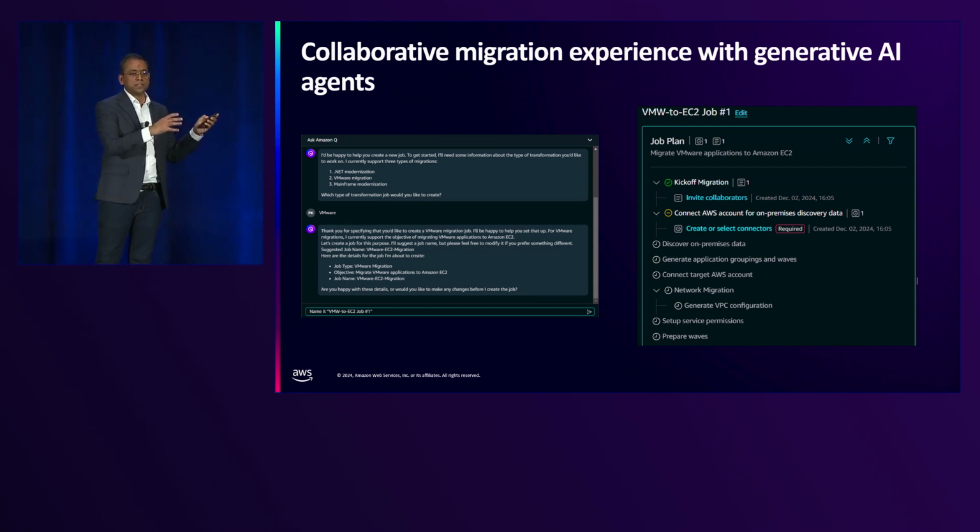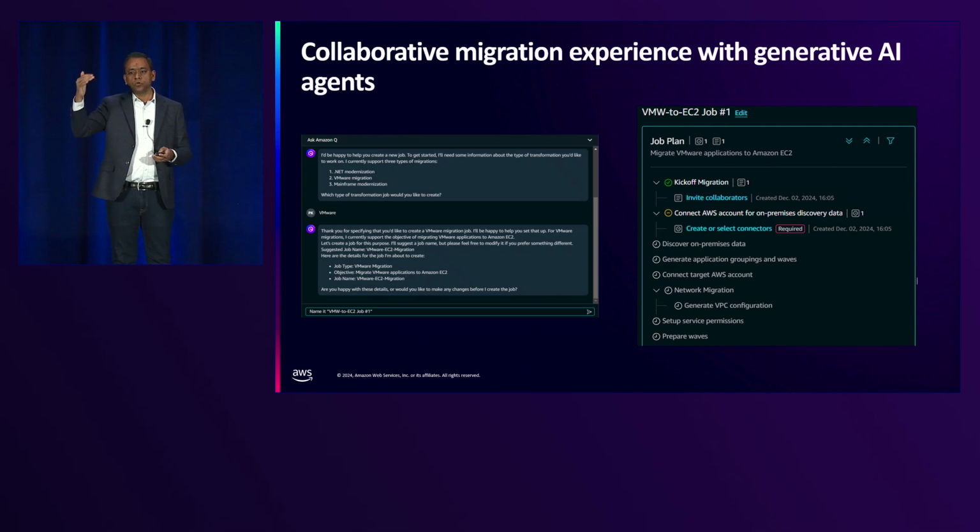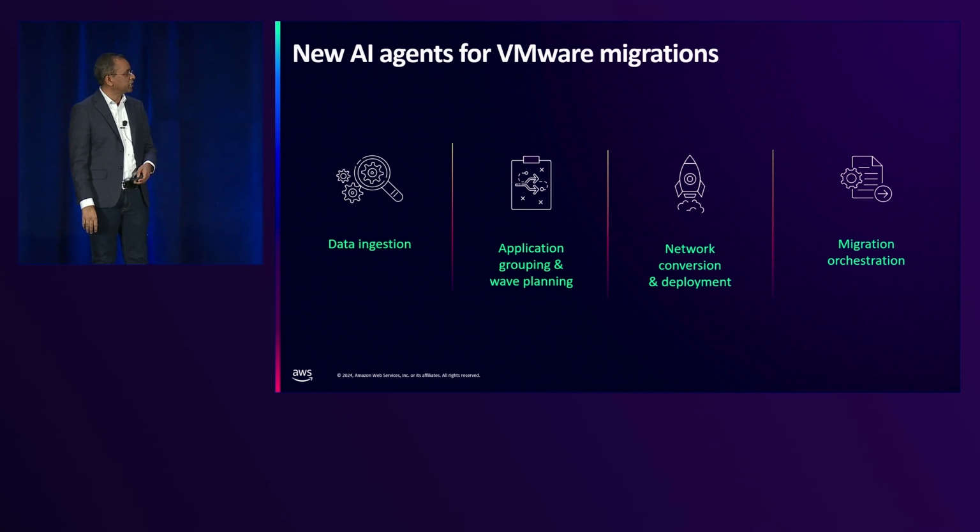This plan is created based on the experience and training that we have already provided to Q. It will provide you a plan for the transformation project and start asking you for additional details that Q needs at that point in time. And there is a set of agents that Peter talked about. We are going to go into details of how each one of those is implemented.